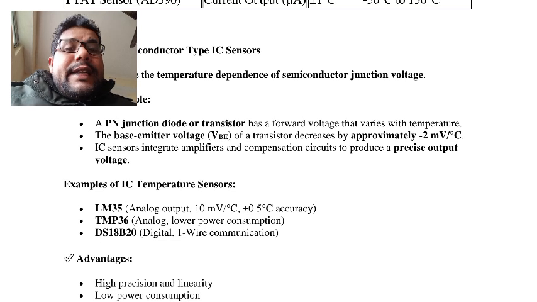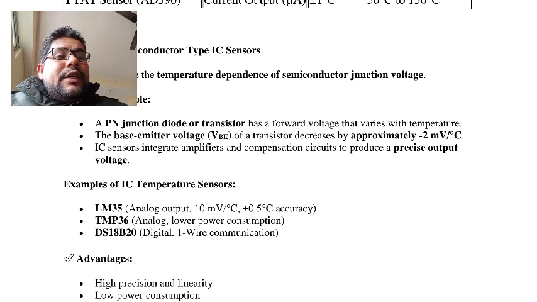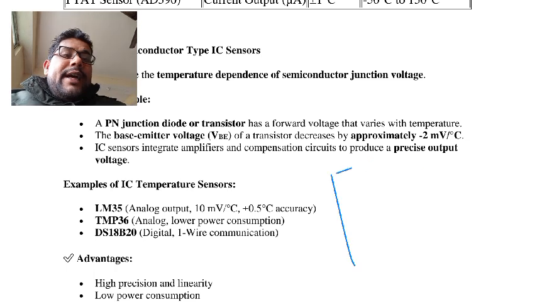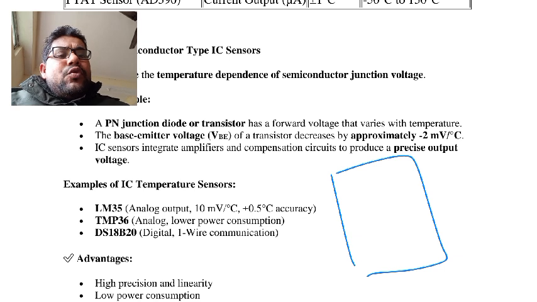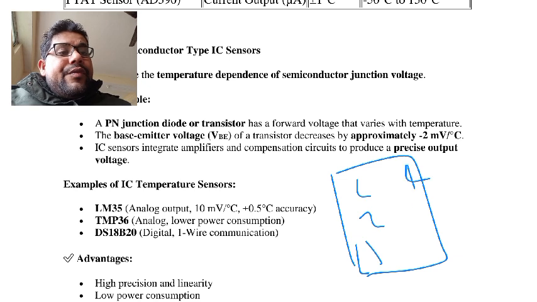Suppose this is the complete IC design. Suppose an IC has many terminals: one, 2, 3, 4, 5, 6.